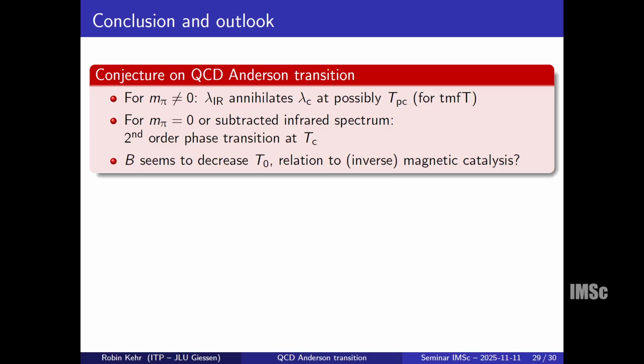And we think that at zero pion mass, or if we somehow subtract the infrared spectrum, we might have a second order phase transition at TC, the chiral phase transition temperature. Regarding the magnetic fields, the magnetic field really seems to decrease the transition temperature. And since there's also this turnaround behavior, as you also see for the inverse magnetic catalysis, it's reasonable to ask whether there might be some relation, and we want to figure that out.